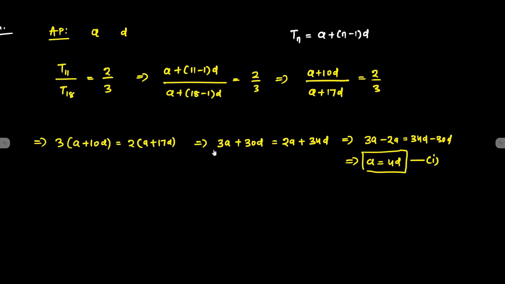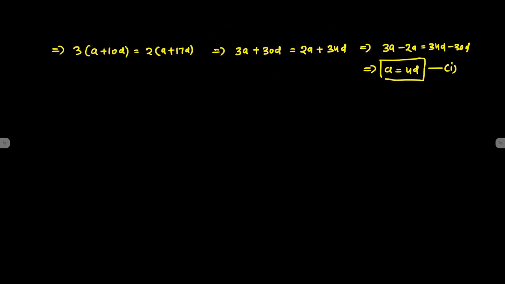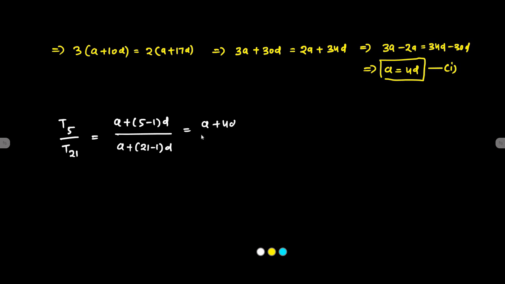We have been asked to find out the ratio of the 5th term to the 21st term. So T5 by T21 is equal to a plus 5 minus 1 d by a plus 21 minus 1 d, equal to a plus 4d by a plus 20d.